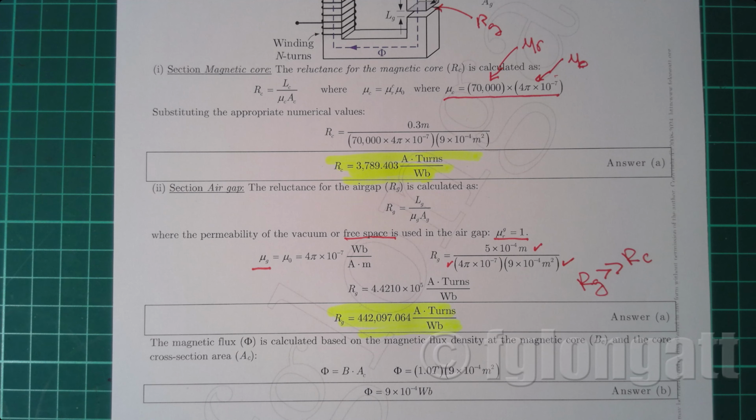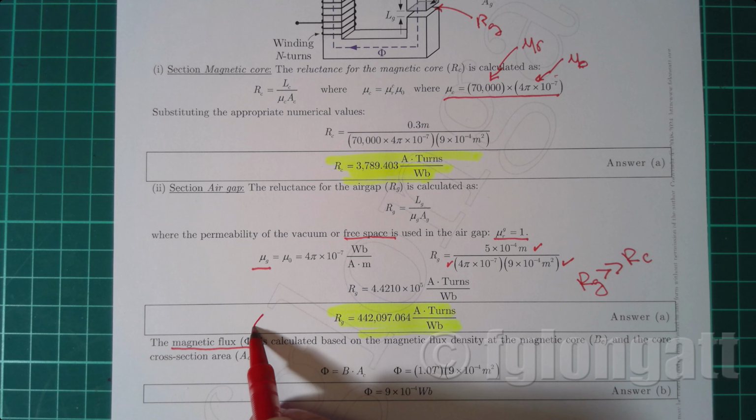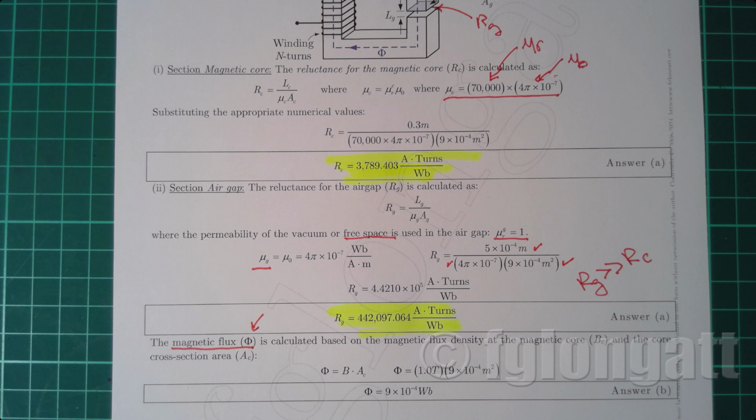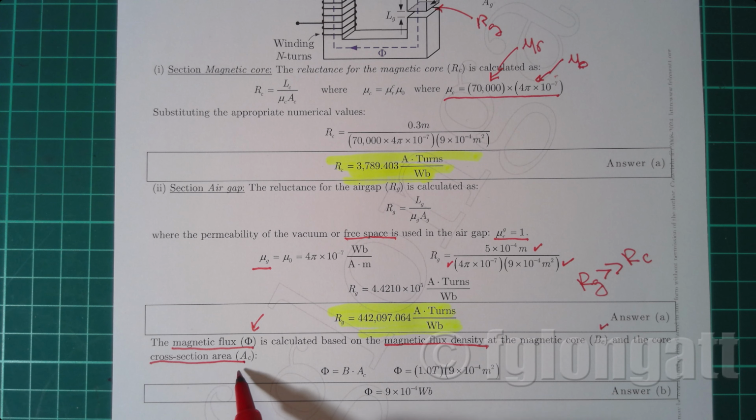For the next question, what we need to do is basically calculate the magnetic flux. Remember that we are using this Greek letter, and the magnetic flux is related to the magnetic flux density, letter B, and the cross-section area AC.